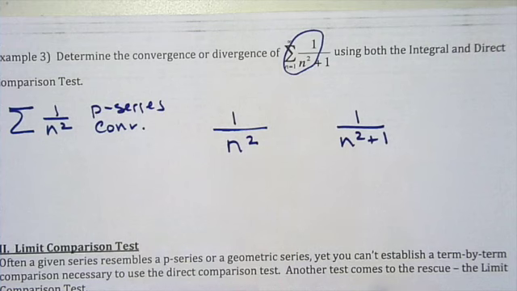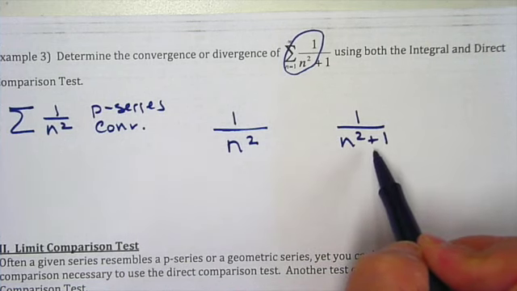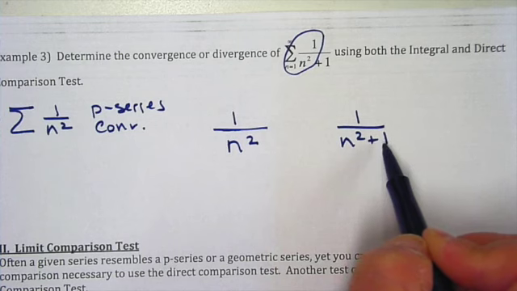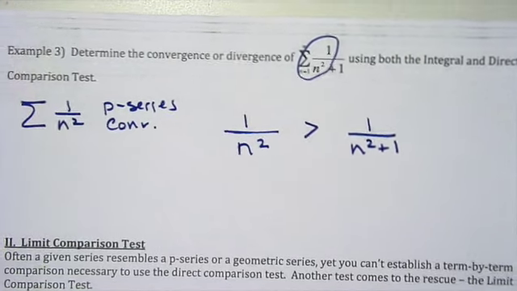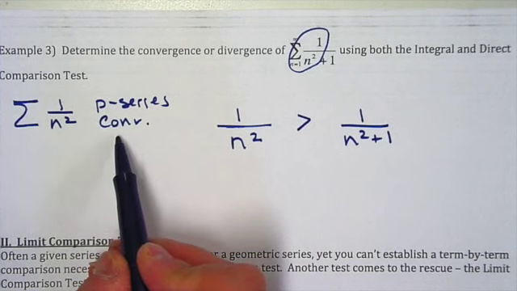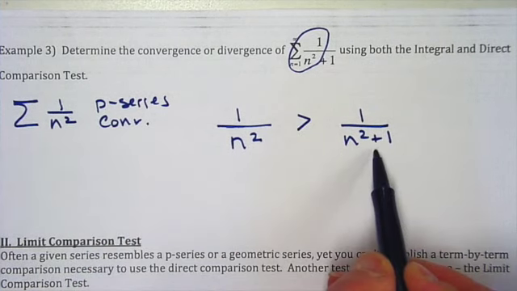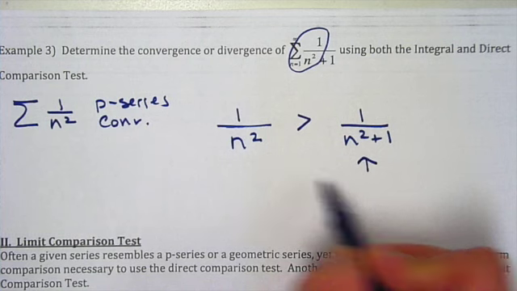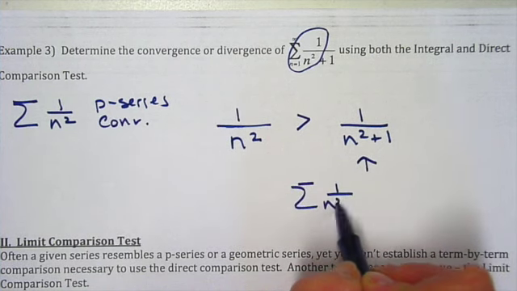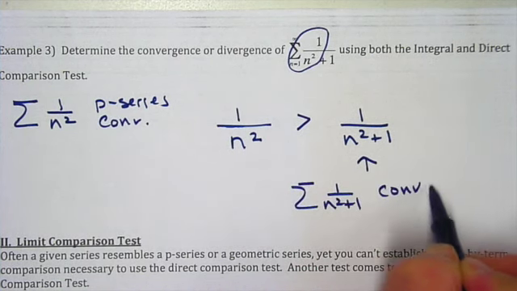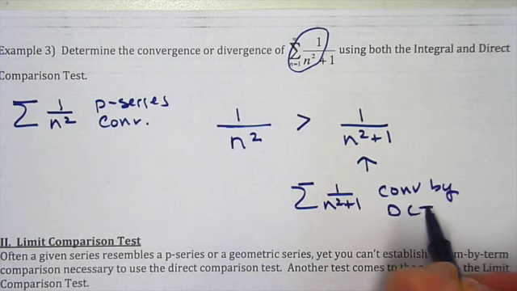So again, I'm adding a number to the bottom, which makes the bottom bigger, but it really makes the whole fraction smaller. So this is our inequality. So if you have something that converges, then anything smaller will also converge. So it's true that this is going to converge by the direct comparison test.